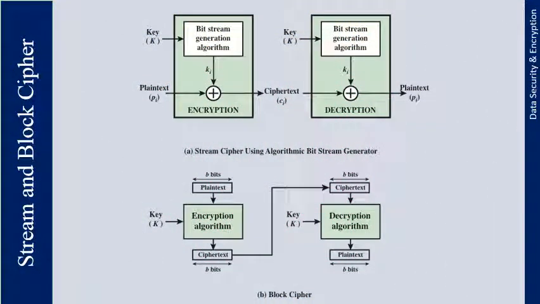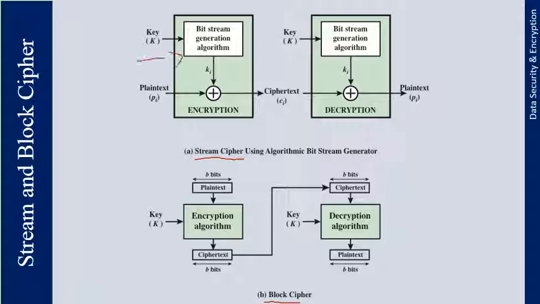So this diagram shows the representation of a stream cipher using an algorithmic bit stream generator, and a block cipher. You can see that in a stream cipher, the bit stream generator is a key-controlled algorithm and it must produce a bit stream that is cryptographically strong.